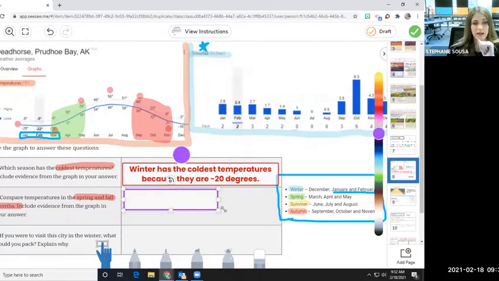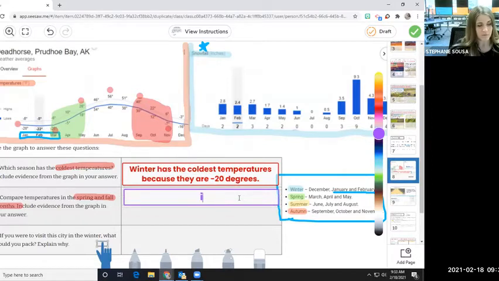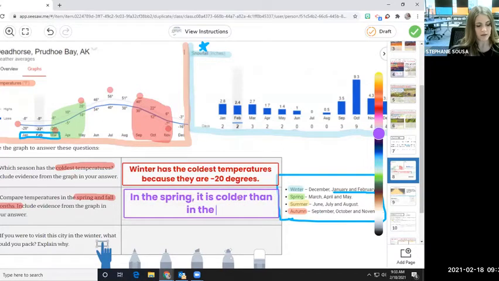So we're going to type that down using data from the charts, from the graphs, okay? In the spring, it is colder than in the fall.